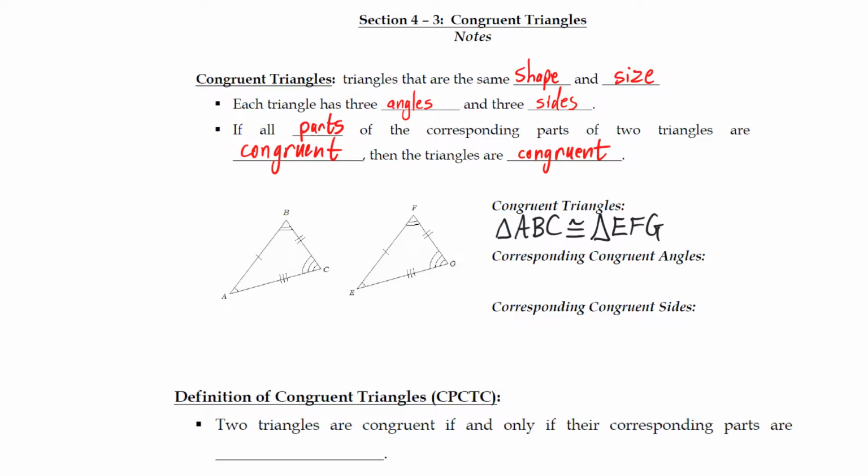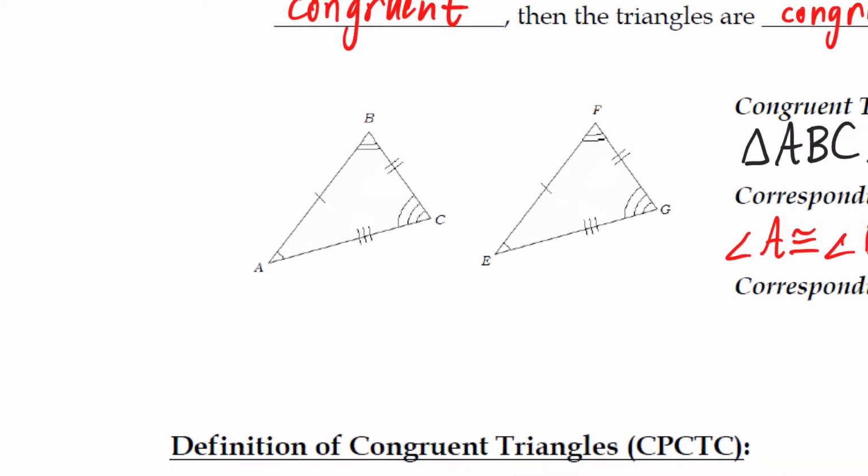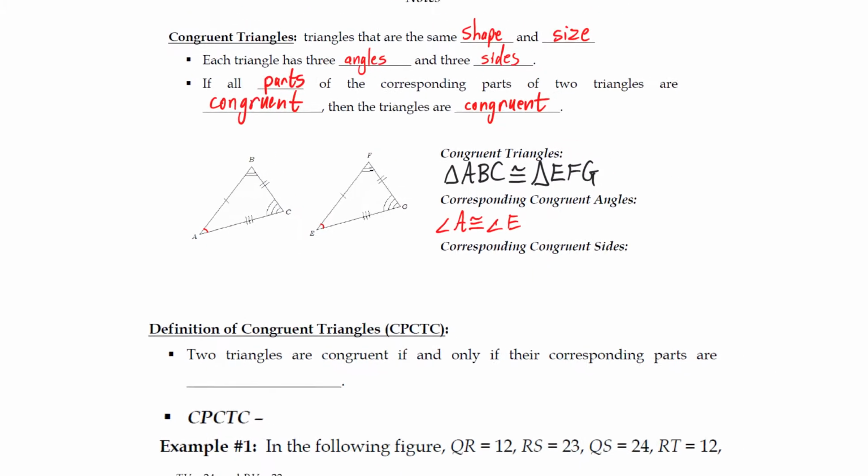Now we're going to talk about the individual pieces. Okay, so angle A is congruent to what angle? It's angle E. How do we know angle A is congruent to angle E? Okay, because A has one little mark, E has one little mark. Okay?